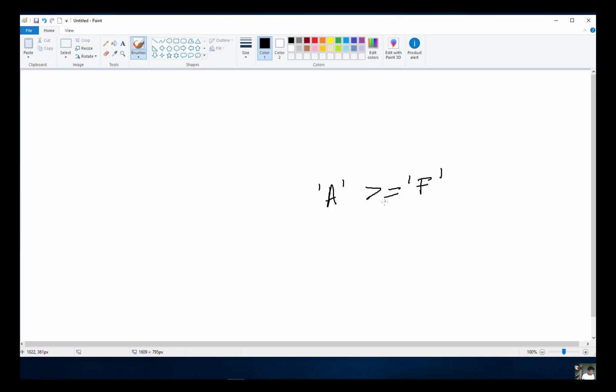If you take an uppercase A, the only one I know is 65, right, as a numeric value. Is that greater than or equal to the letter F? Uppercase F is what? It's 70. So is this true or false? Well, 65 is less than 70, so this Boolean expression is false.